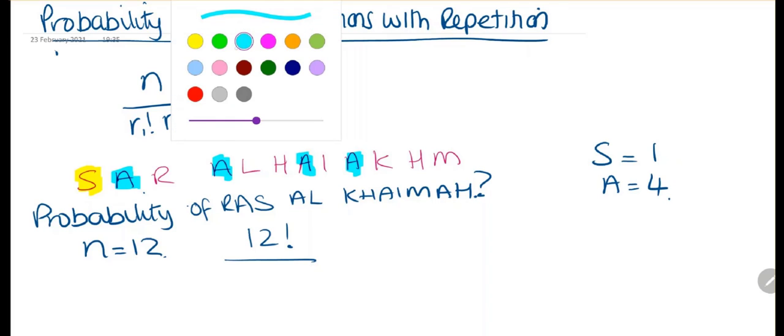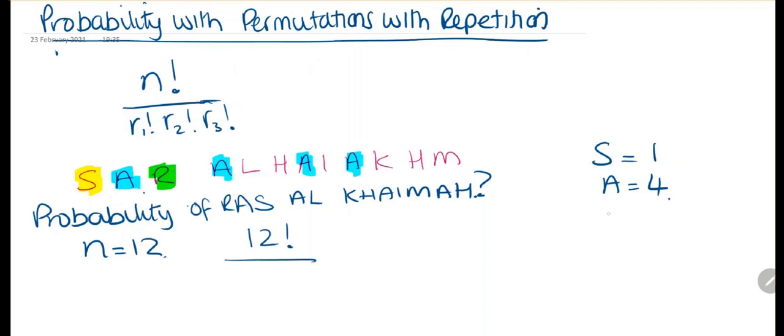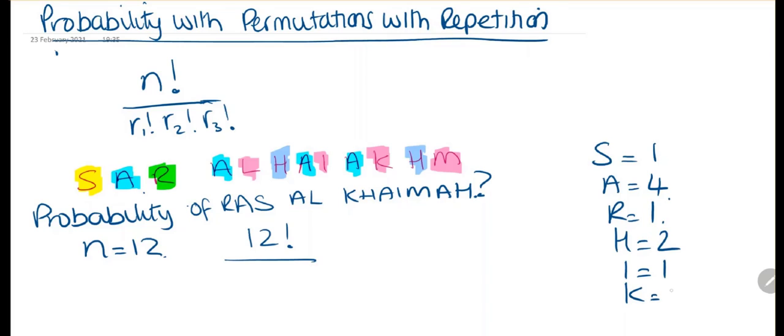We have 1 R, and we have 2 H. And we have 1 K, 1 L, 1 I, and 1 M. So we said H is 2, and then an I, a K, and an M. So 5, 6, 7, 8, 9, 10, 11.